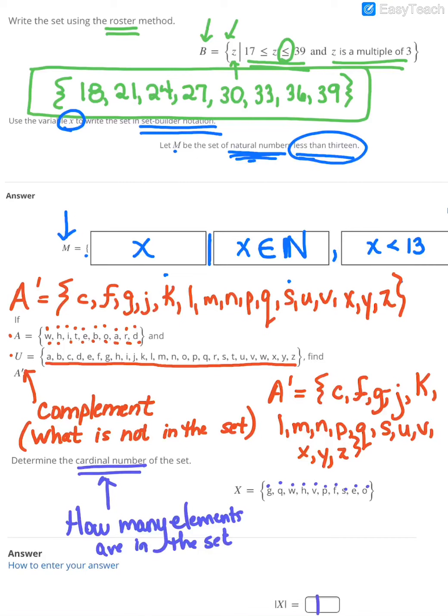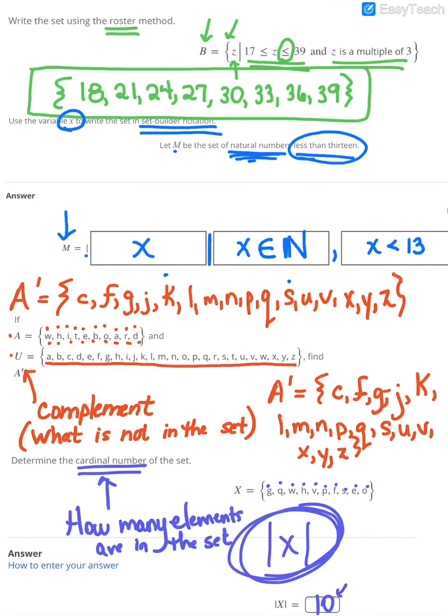And so you'll notice that the notation for cardinal number, they write what appears to look like absolute value bars, but that is when you're talking about sets and set notation, that is the notation for cardinal number.